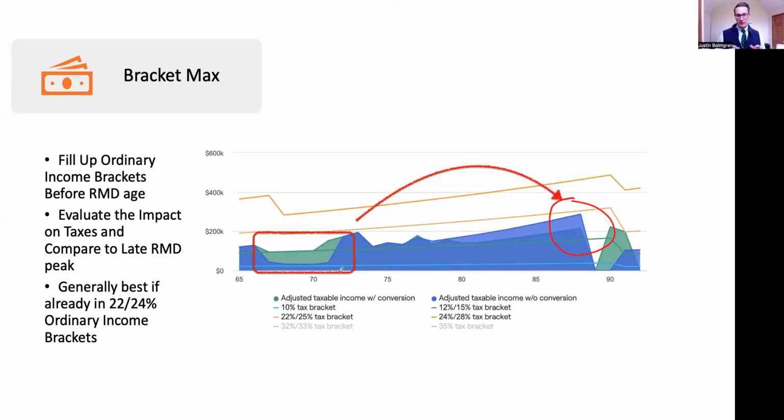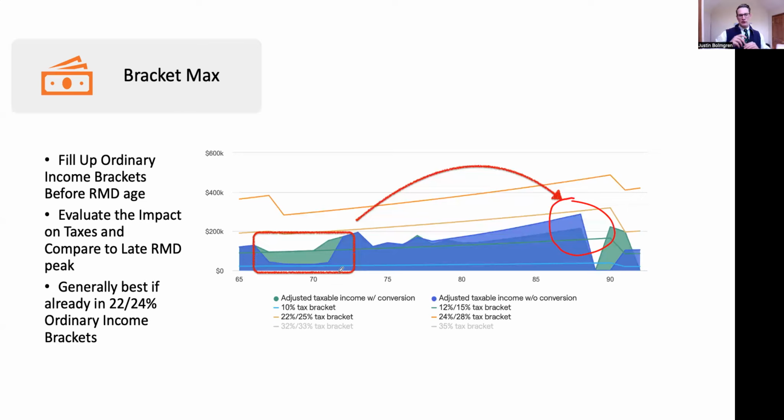Well, it generally works out to be in the client's best interest if we're already into those middle tax brackets. So as a tax system here in the US, we quickly escalate from 0 to 10 to 15 and so on and so forth. Those quickly get eaten up.